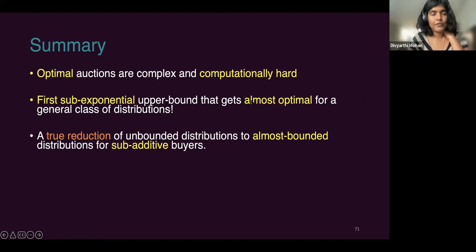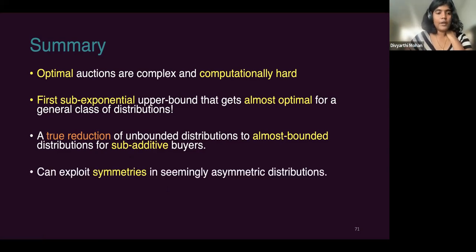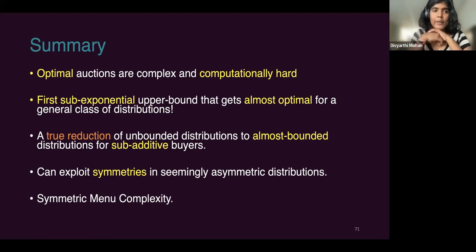This holds even for more general valuations like subadditive buyers. So going forward, we only need to focus on almost bounded distributions. We also exploit symmetries in seemingly very asymmetric distributions by doing a careful transformation while preserving revenue. We introduce a new notion of symmetric menu complexity, and we have interesting results here as well.